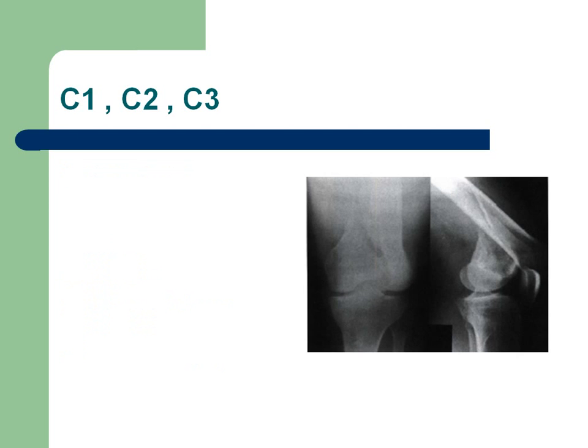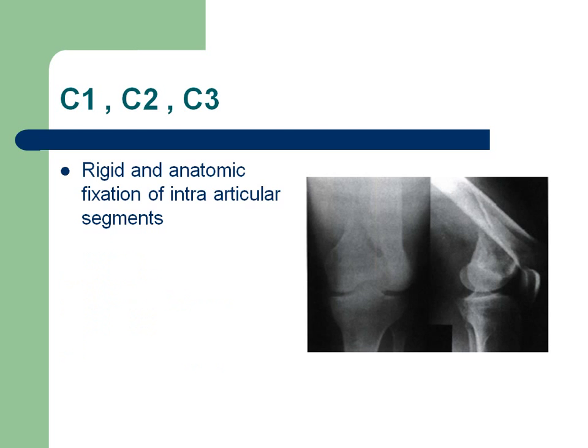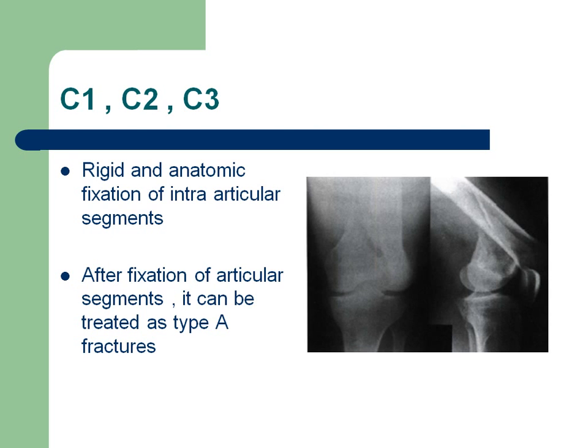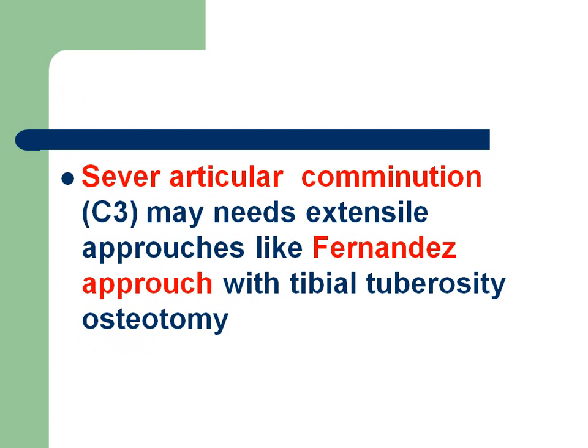But the problem of C1 and C2, especially C3, is important. I have an example of this type of fracture, a severe intra-articular fracture, C3, that may need an extensile approach like the Fernandez approach with tibial tuberosity osteotomy.